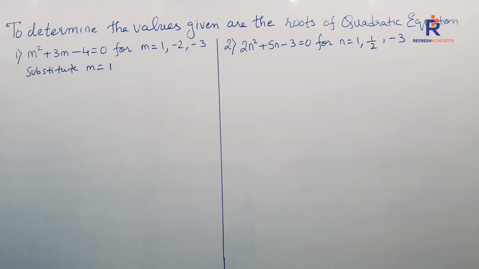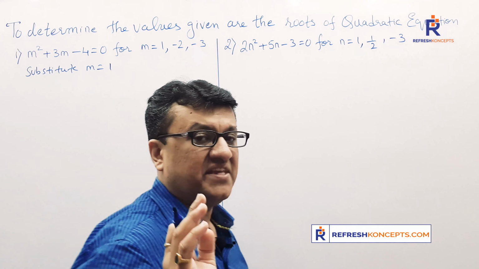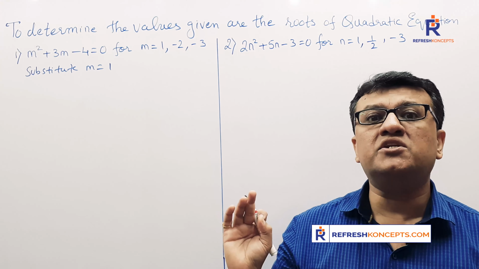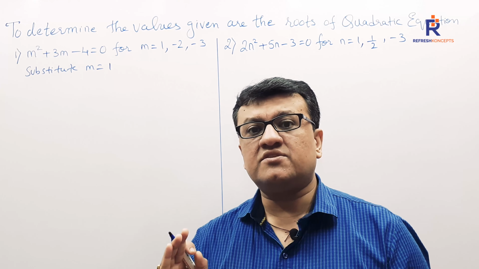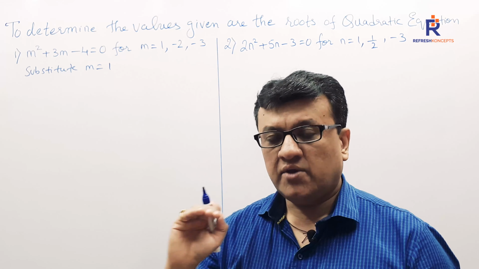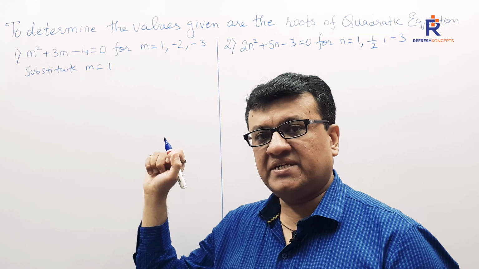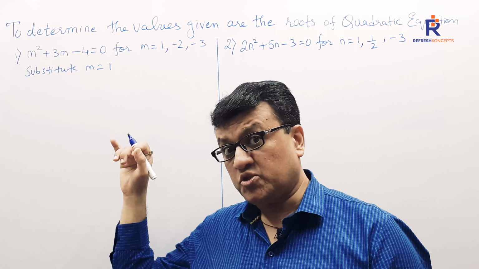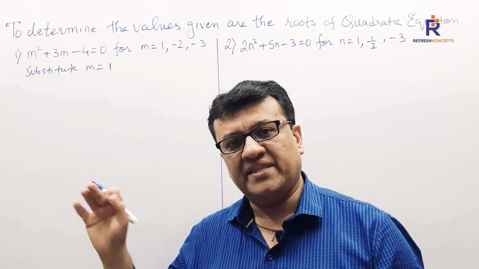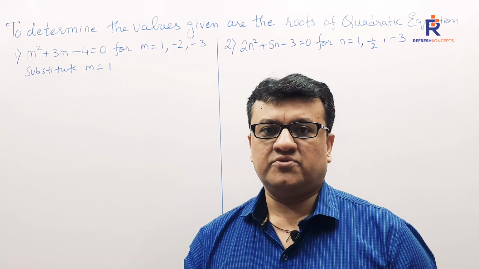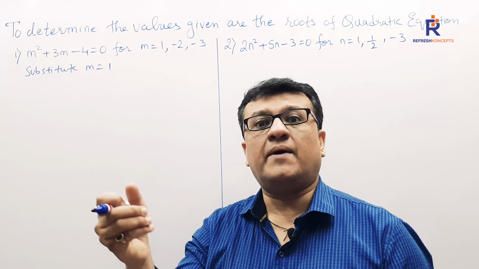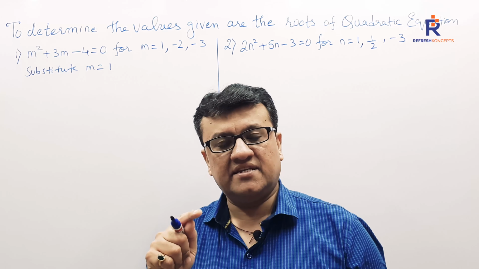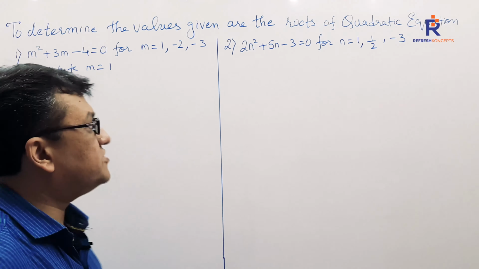Now, whenever we want to identify whether the number is root or not, we always take LHS and solve it. On solving LHS, if we get RHS, then the number is a root, or else it is not a root.